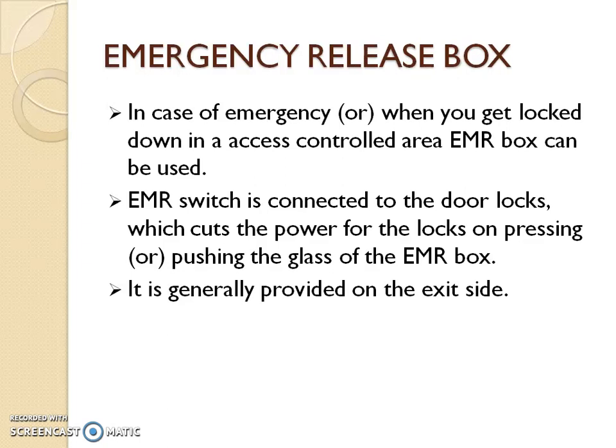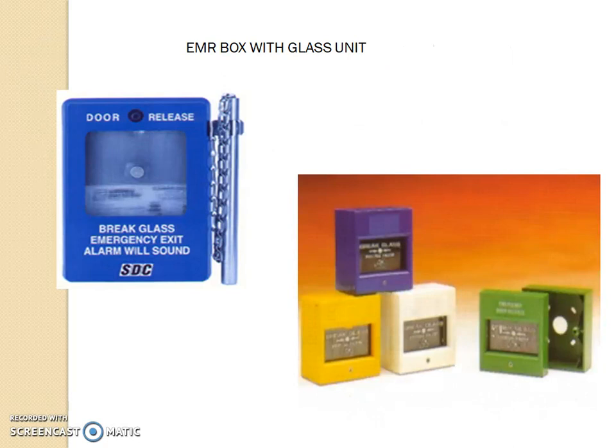As the EMR box is already connected to the security system, as you can see, this is an EMR box. As the EMR box is connected to the alarm system, it will initiate the alarm and you can hear the alarm device creating a noise.